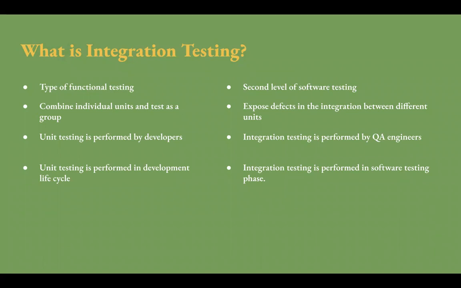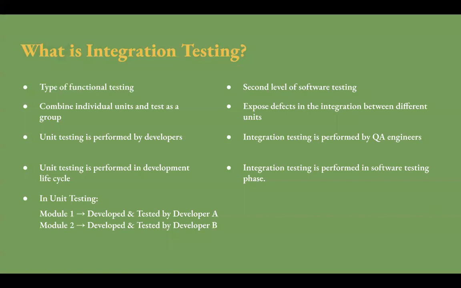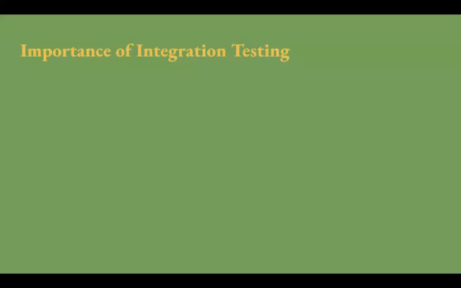For example, in unit testing, module 1 is developed and tested by developer A. Similarly, module 2 is developed and tested by another developer B. So after unit testing, those two modules are integrated and testing of that combination of module 1 and 2 is done by QA engineers.